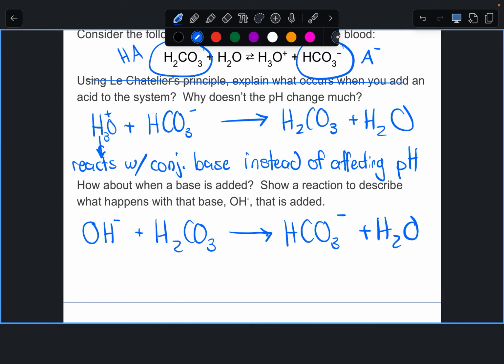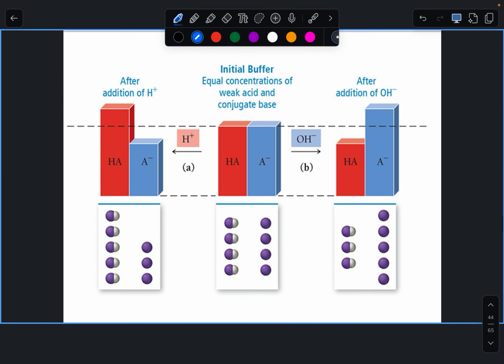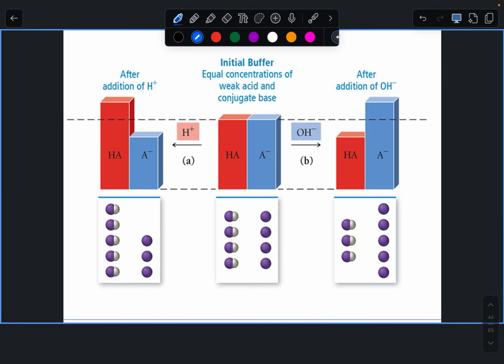Okay, so there's a visual representation of this on the next slide. You start with a weak acid and its conjugate base. And if you add strong acid to it, it will react with these guys, the A minus, and form more of the weak acid. So you use up some of the conjugate base and form weak acid. But now you just still have a weak acid equilibrium, right?